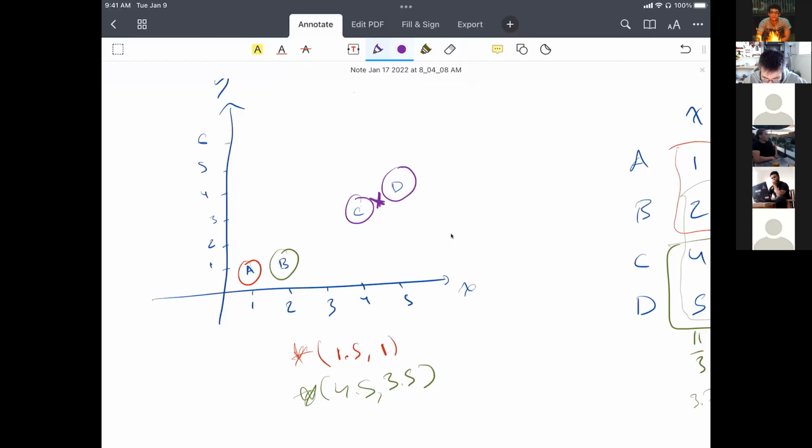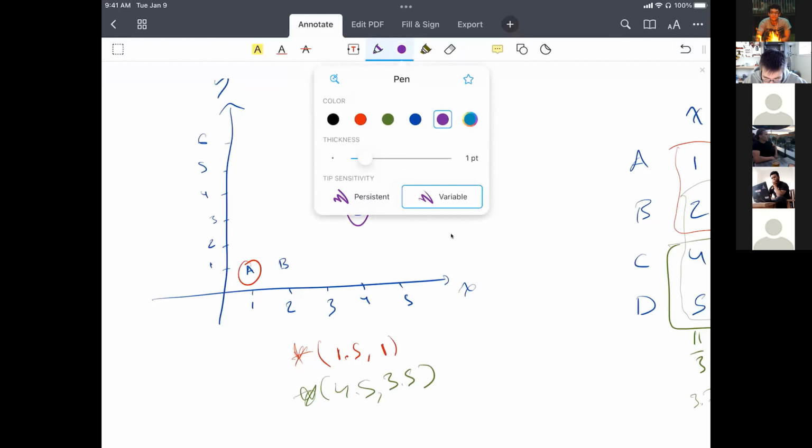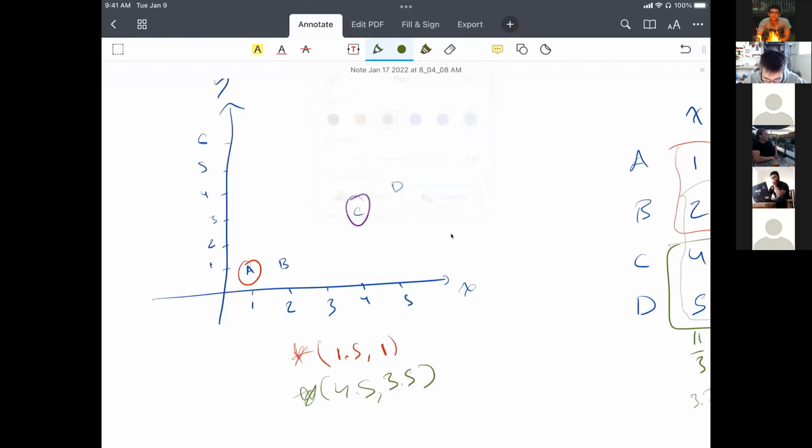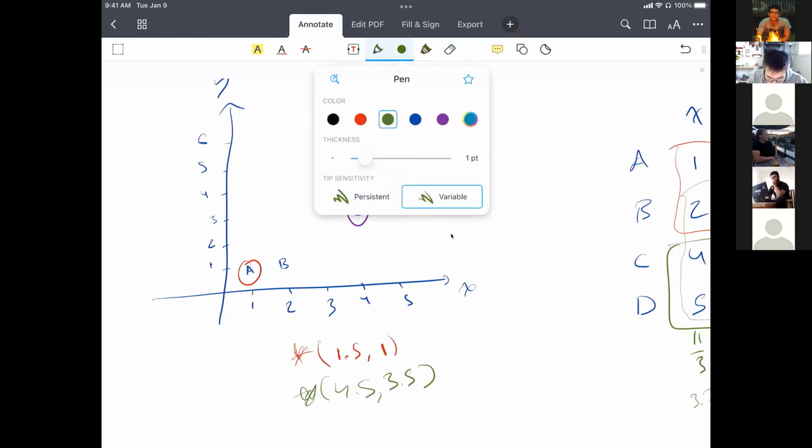However, if I give you a different input, so let's say C is this, and these are the 3 centers for the clusters, and now we want to evaluate them. Let's look at it. A will belong to the red one.